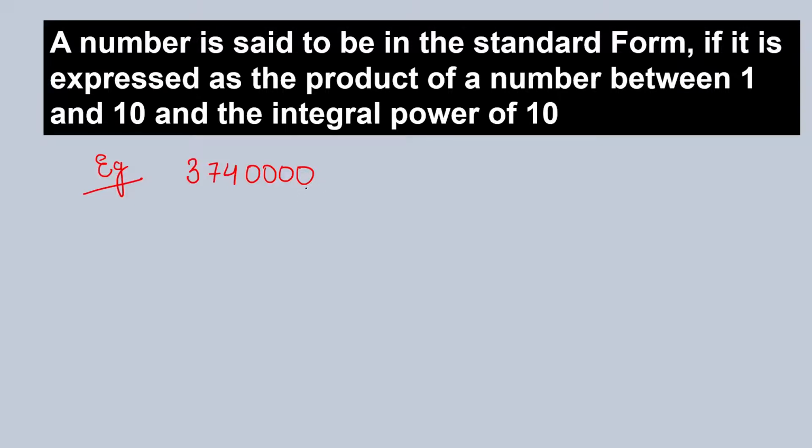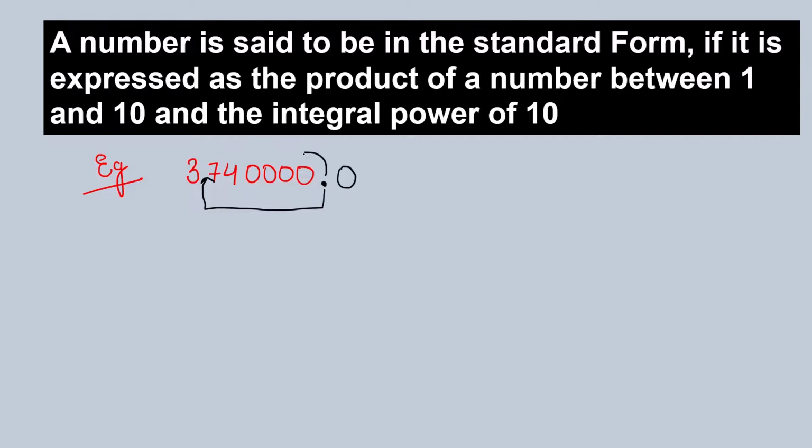So we will convert this number into decimal form. Right now there is no decimal, so we will put decimal at the end. Our next step is making this number lie between 1 and 10. So this decimal should be here. Then it will become 3.74, which is lying between 1 and 10.